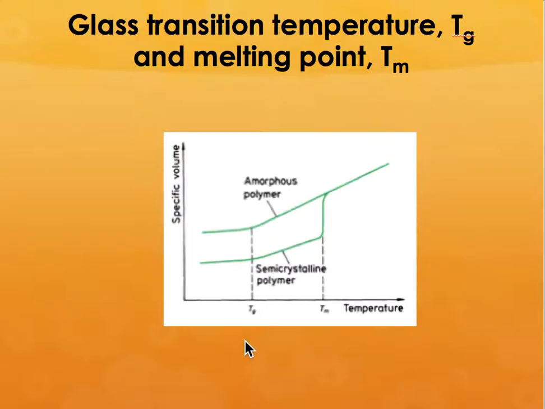And that first point is called the glass transition temperature. Beyond that, it could be either a semicrystalline polymer or an amorphous polymer. And beyond a certain point, it starts melting and becoming liquid. Now, it doesn't happen in all the cases, but in most cases it happens like that. So, what is the temperature below which it can really be used? That is the glass transition temperature.